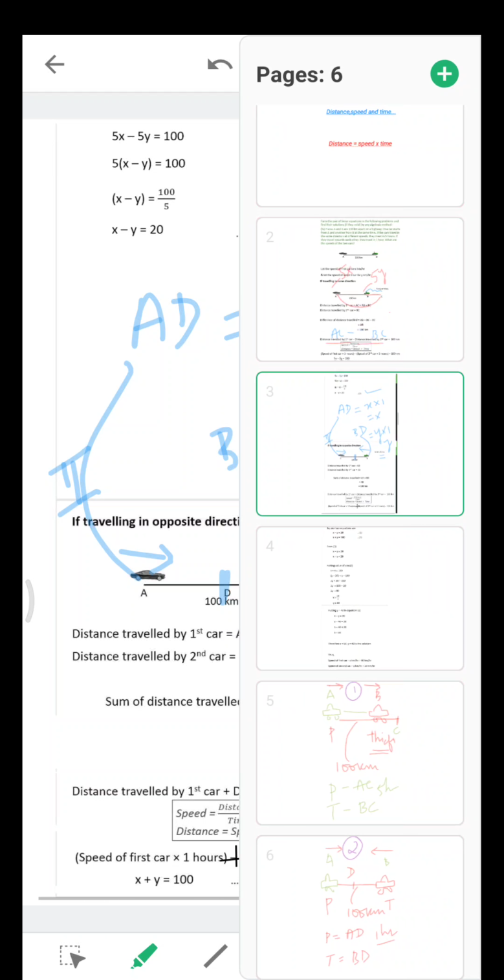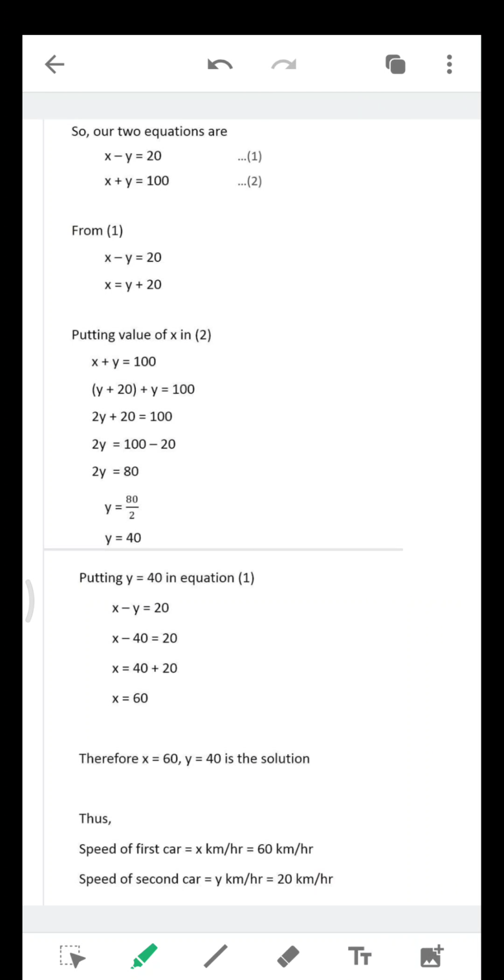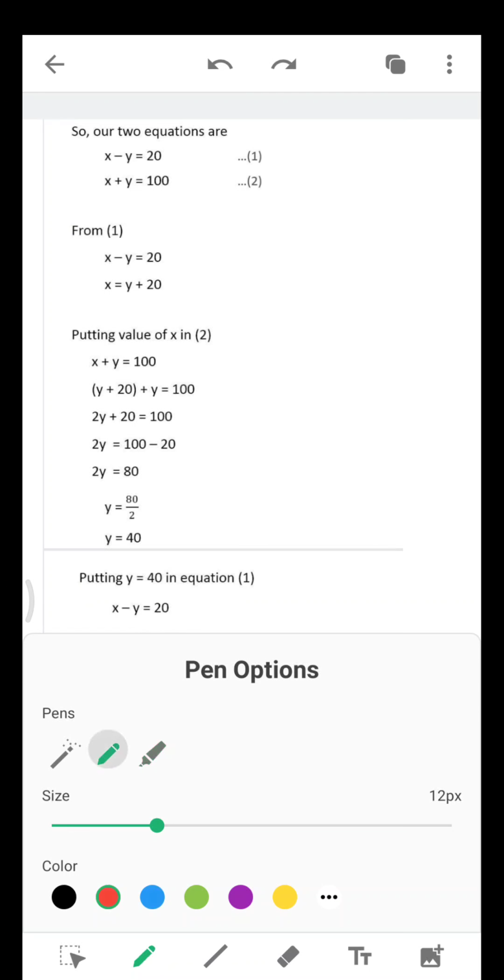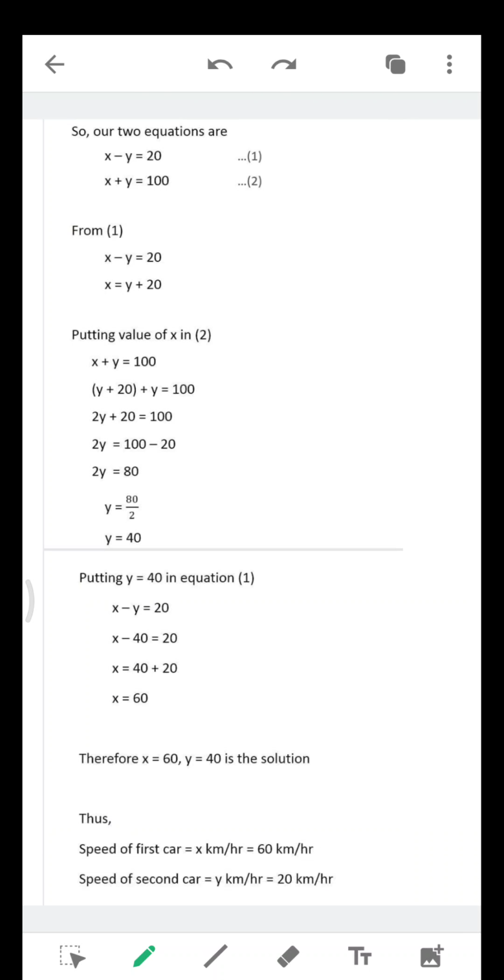So finally we have got two equations here. The first equation is x minus y is equal to 20 and the second equation is x plus y is equal to 100. We will solve these two equations by any method, say elimination or substitution. Here it is done by the substitution method.